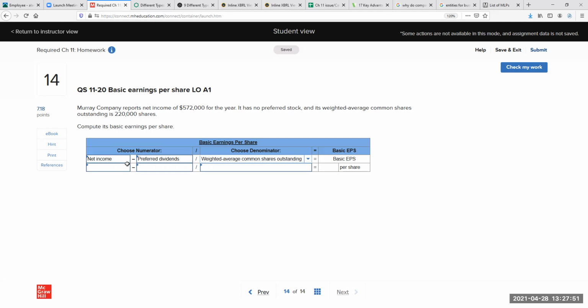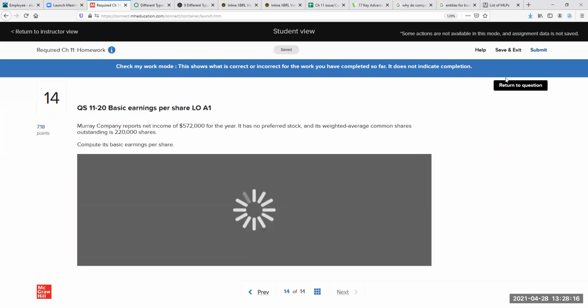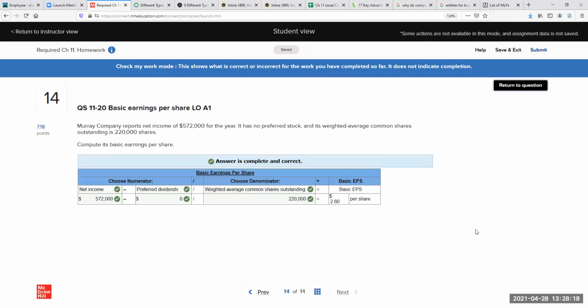So remember here, the net income, 572. There's no preferred dividends, 0. What's the weighted average? Remember, we had to take the shares of stock at the beginning of the year, the shares of stock at the end of the year, and divide them by 2. And in this case, if I'm not mistaken, we figured it was 2.8 billion for Walmart, if I remember right. So, all right. So very good.